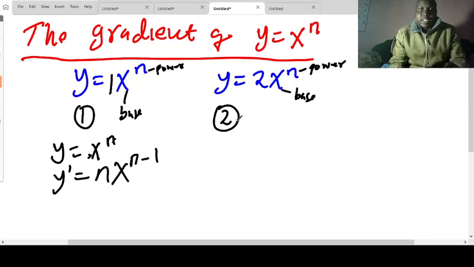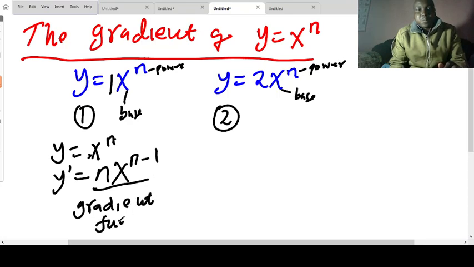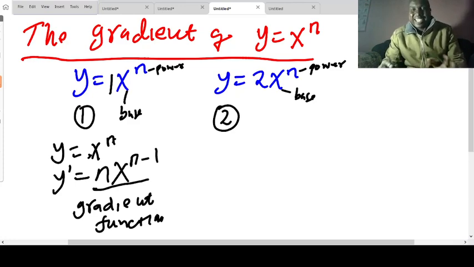This is called the gradient function. Don't worry, I'm just using the general one. We will do examples and we will be able to understand exactly what we are talking about.